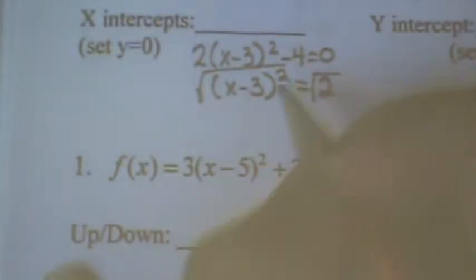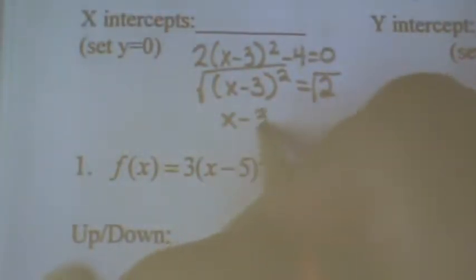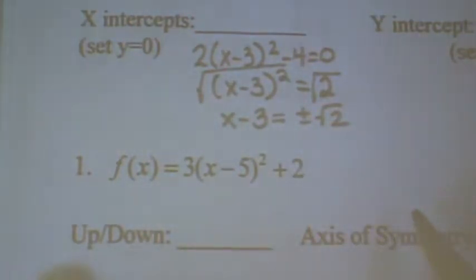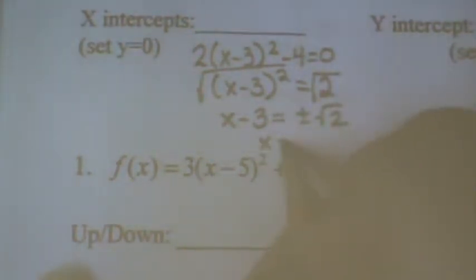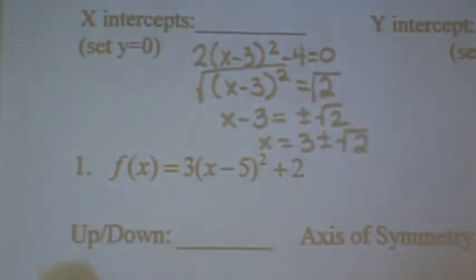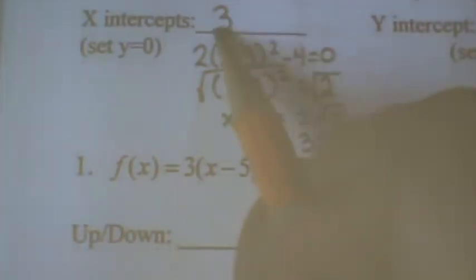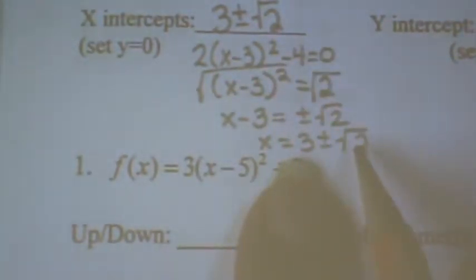We did this in chapter 2. What else? Add 3. Guess what? These are 2 x-intercepts that are not nice numbers. But they're still places where it hits the x-axis.